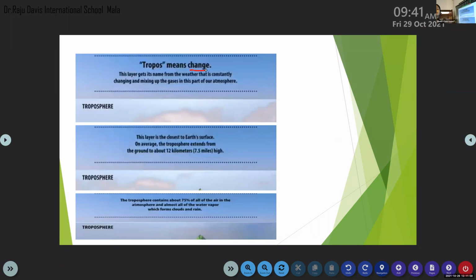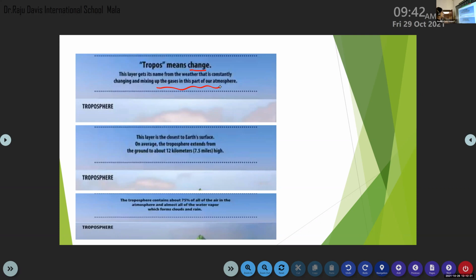That means it is always changing, and also mixing the gases in this part of our atmosphere, like oxygen, carbon dioxide, nitrogen, all these gases are present on this layer.